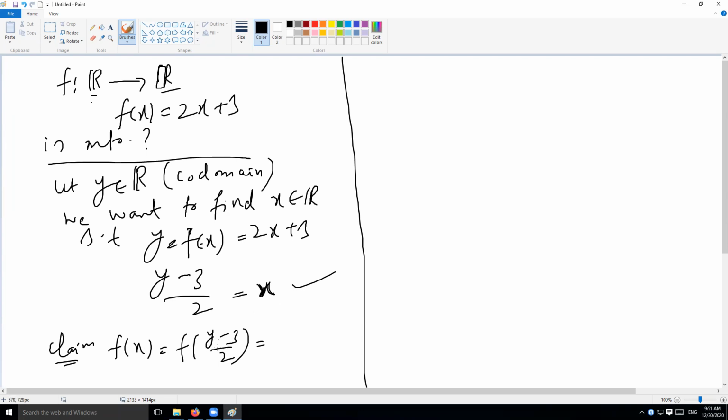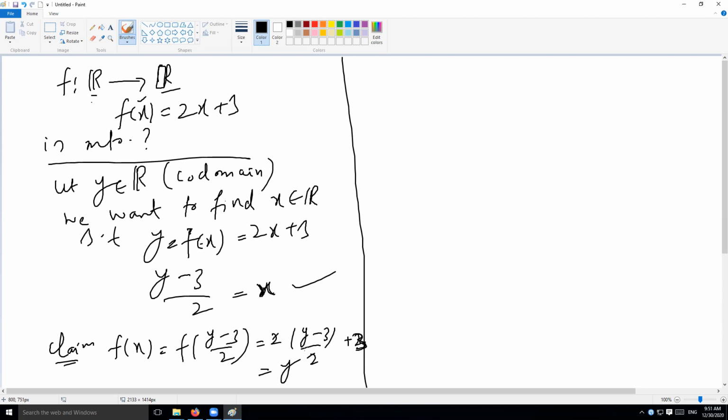If I apply f to this, what do you get? 2 times (y minus 3) upon 2, plus 3, by definition, because the output is the input multiplied by 2, plus 3. The 2 cancels, and if you simplify, negative 3 and positive 3 cancel and you get y.